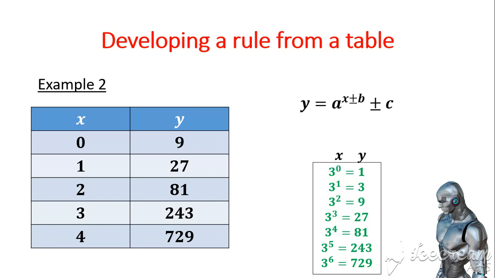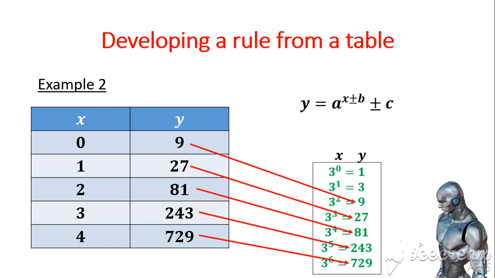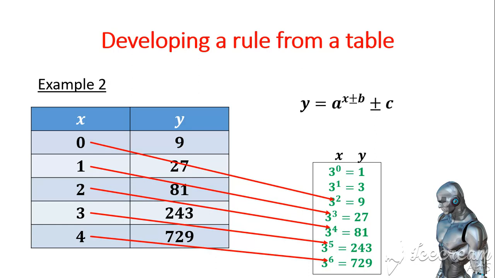Now again, if we treat the powers as the x and the numbers that we get it equal to as our y, I think you've spotted something going on. The y values seem to match up, but they don't match up correctly with our x values, because 3 to the power of 0 is 1, but in the table, when x is 0, we have 9. 3 to the power of 1 is 3, but in the table, when x is 1, we get 27.